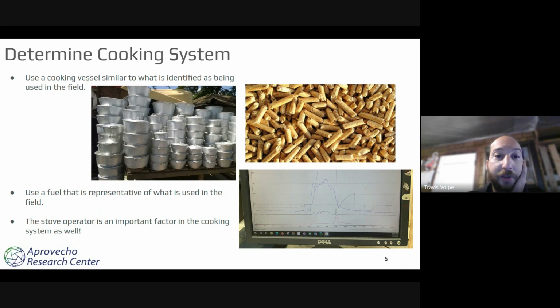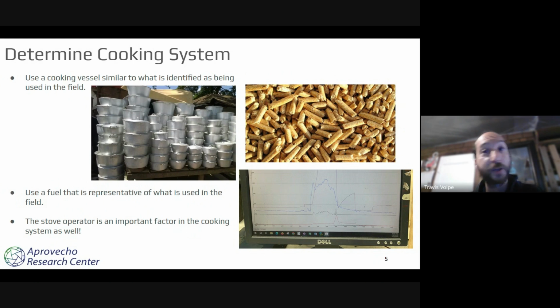So determining the cooking system, again, is a very, very important part of providing valid and meaningful data: using a pot that is similar to what cooks are actually using in the field, using fuel, be that pellets of a certain type or a certain style.